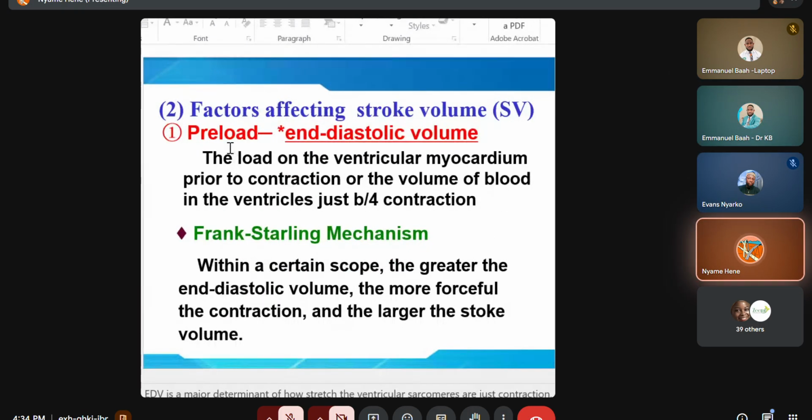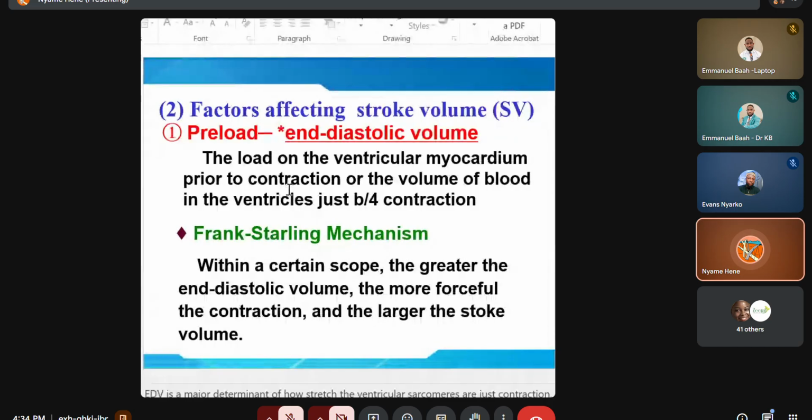All right, that's fine. Now you say the preload and end diastolic volume. Do you believe that preload is what? End diastolic volume, with the knowledge that you have now. End diastolic means the volume in the bottle when you have not contracted it. That is the preload, like I explained to you.